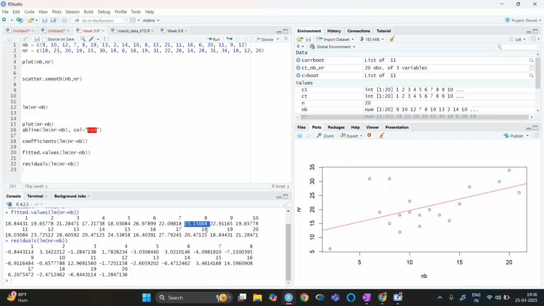So it is 13. This value is 13. From here you can see that it is very close, these are all very close. So these are the residuals we have.